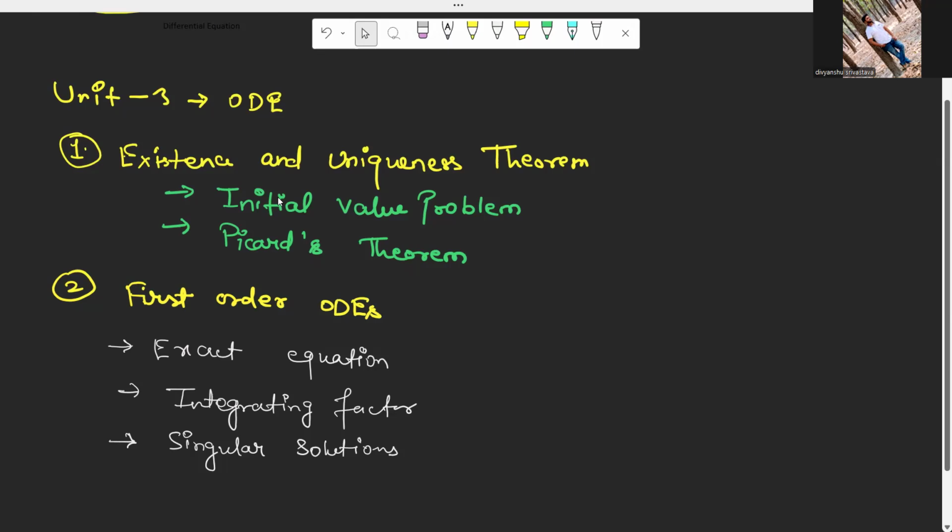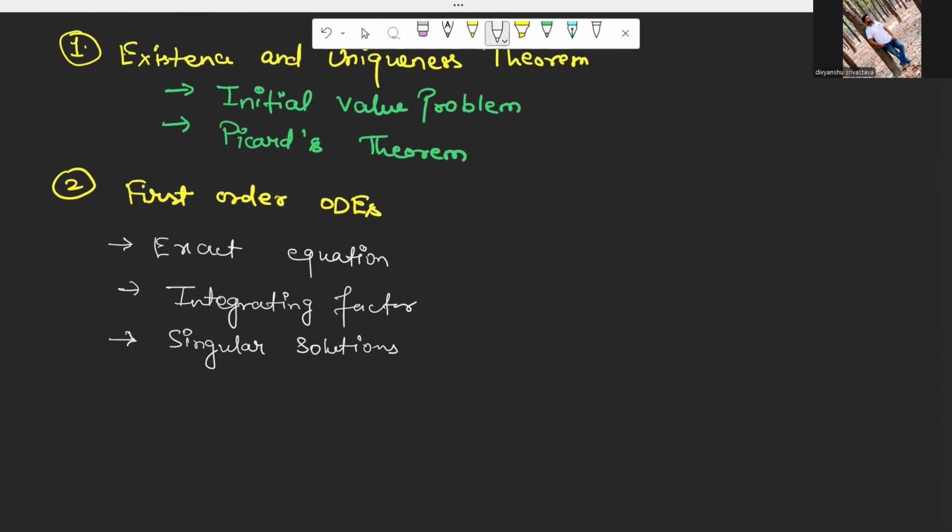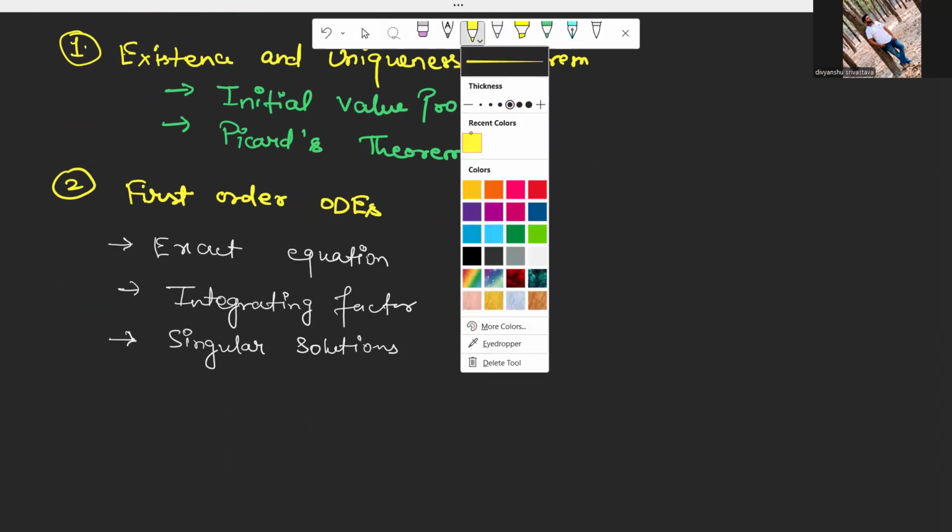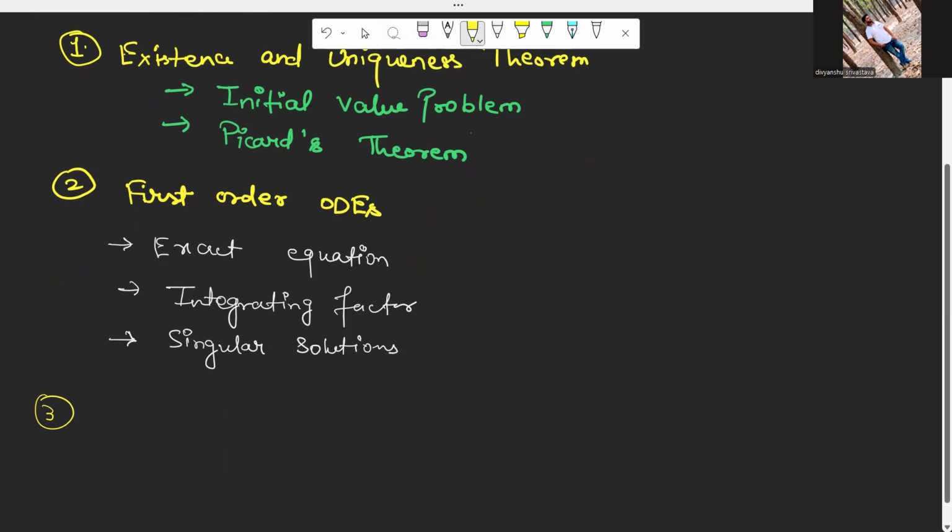And in the next section, topic 3 is system of first order ODEs.